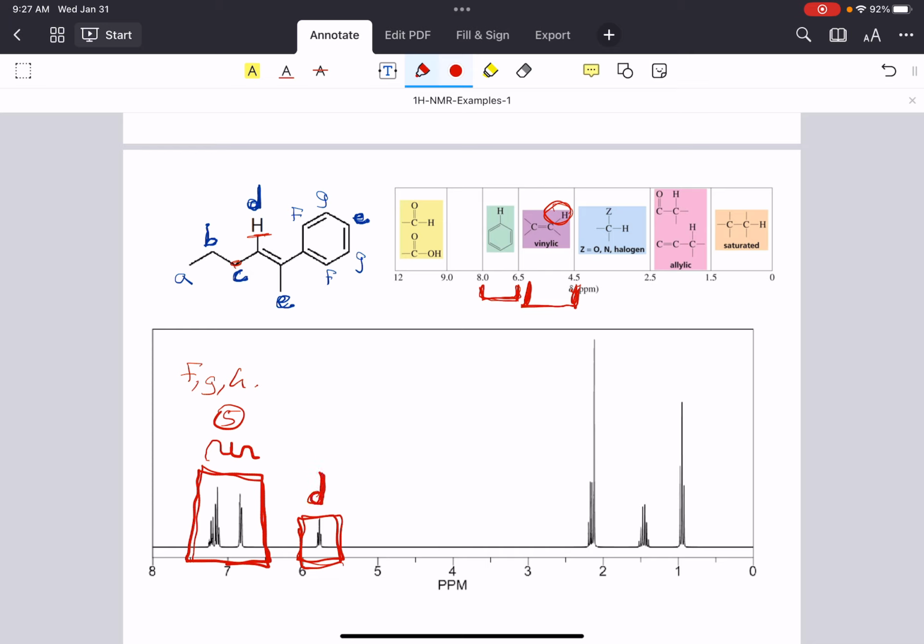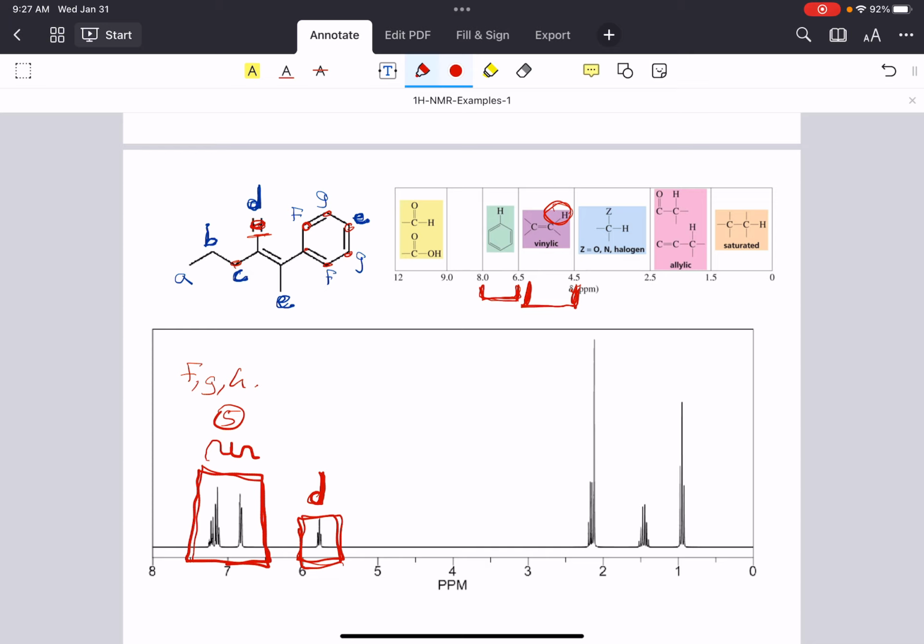All right, so what we've done now is assign all of the peaks that are farthest downfield. So we've taken care of signals at the following places. We've assigned all 5 signals on that benzene ring, and we've assigned this hydrogen on the carbon-carbon double bond. Now we can pause for a second and take a look at splitting patterns.